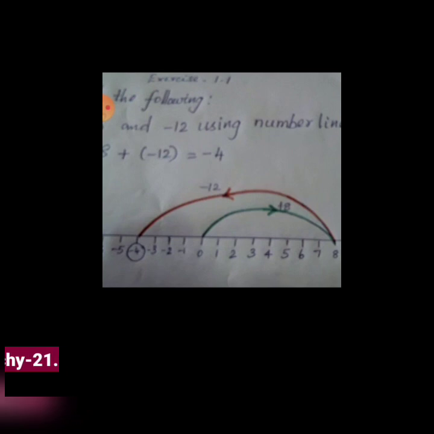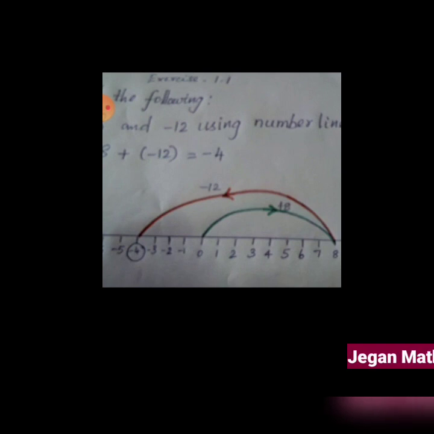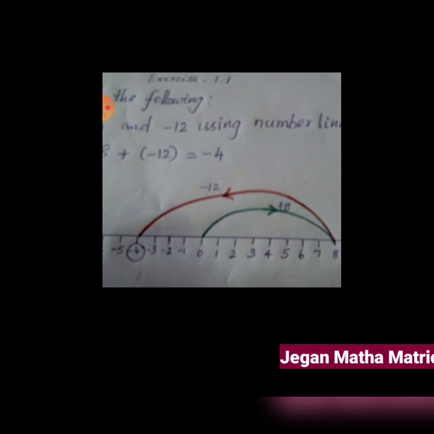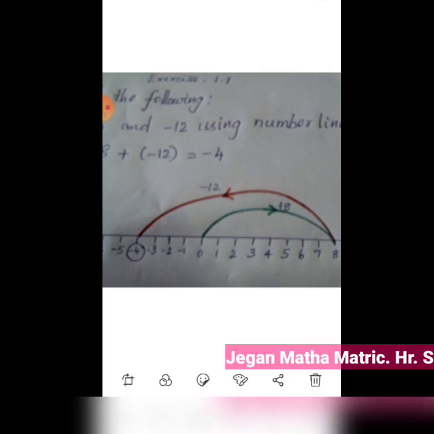On number line, we first start at 0 facing positive direction and move 8 steps forward, reaching 8. Then we move 12 steps backward to represent minus 12 and reach minus 4.